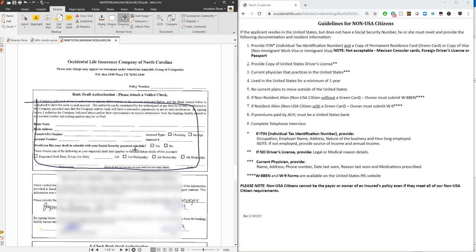Okay. And then you need to fill in the rest and print and sign for the customer, obviously. And then, so we didn't cover the number 8. So we're missing requirement number 8.